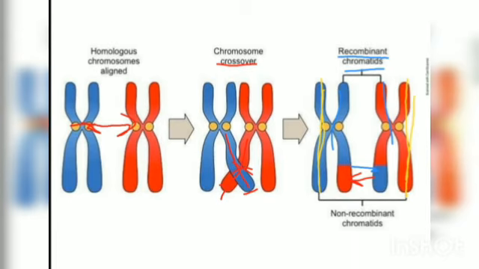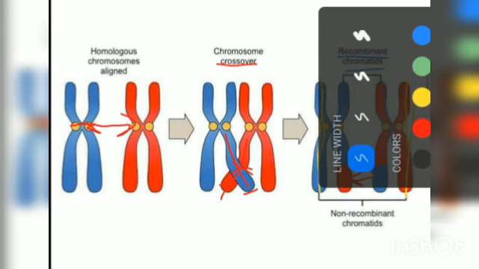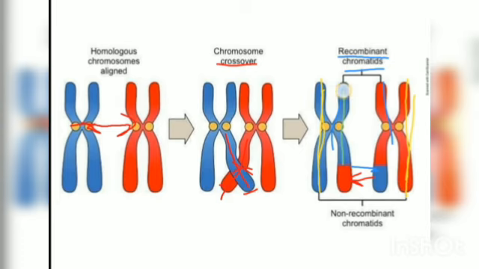And the chromatids in which crossing over has occurred, you can see there is a change in part of the chromatids. Hence, those chromatids after crossing over are called recombinant chromatids. I hope you all got the terminologies.